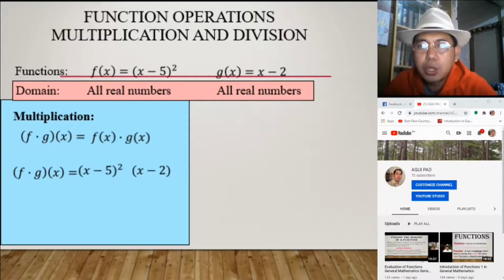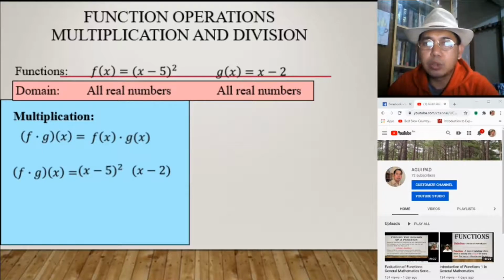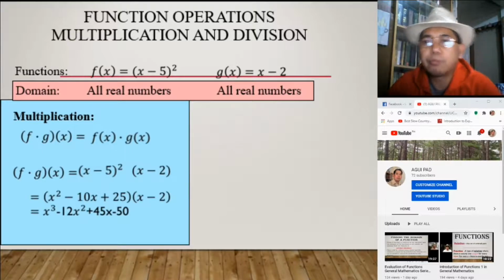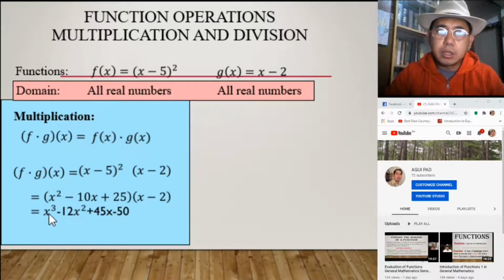Of course, we need to expand the square of x minus 5, which will give you x raised to 2 minus 10x plus 25, multiplied by our original multiplicand, the quantity x minus 2. So what would be the result? It will give you x raised to 3 minus 12x raised to 2 plus 45x minus 50. This would be the product.